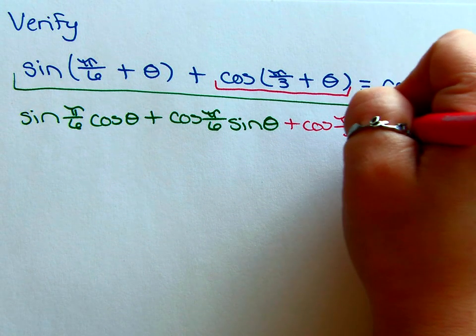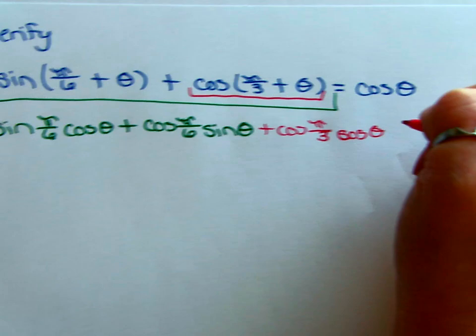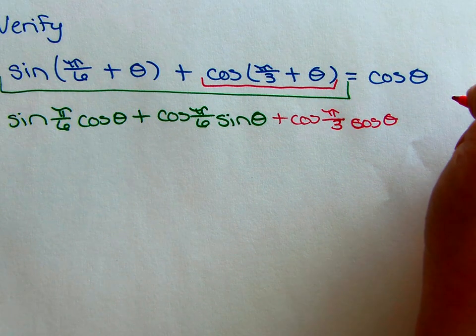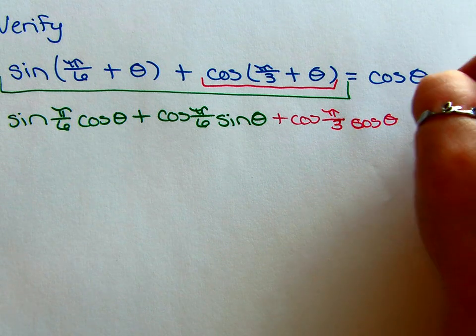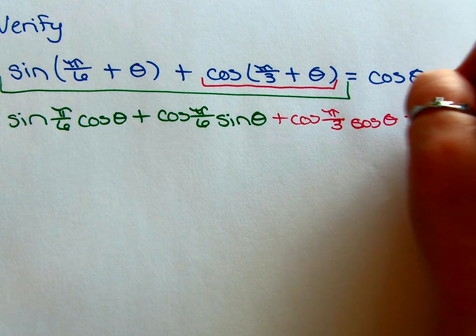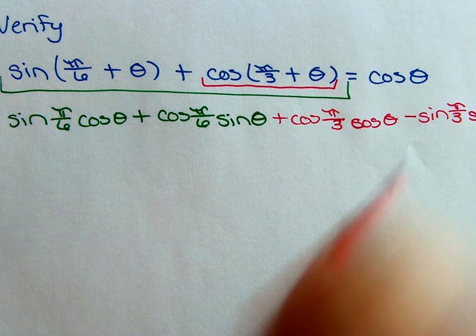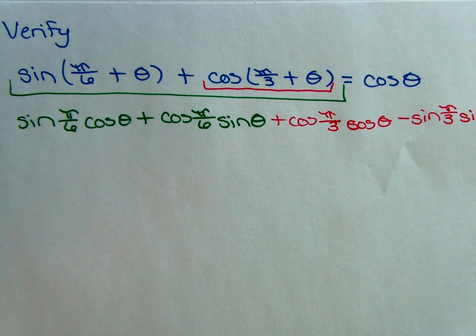Sorry, I'm going to try and keep it all on the screen. I might have to zoom out. Minus sine of pi over 3 sine theta. Let me zoom out just a little bit. When they get that long, it's hard to get them all to fit.